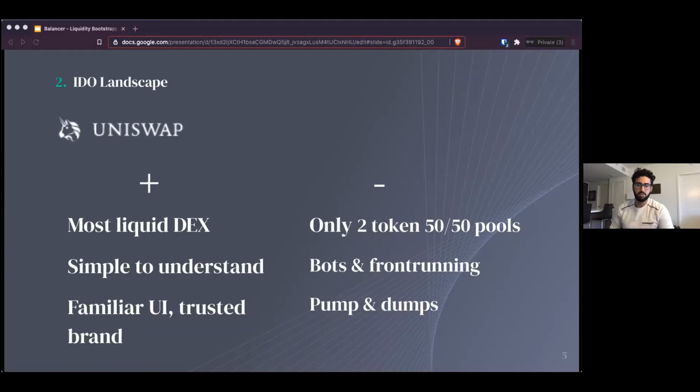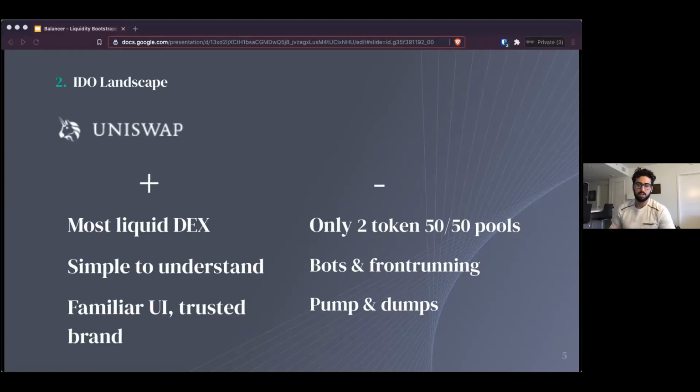Now, what happens on Uniswap is, because these sales happen on a bonding curve, every time a purchase is made, the token price will necessarily increase. So the winners will often be whoever can get their order in first at the starting price, because from there it's usually going to skyrocket.